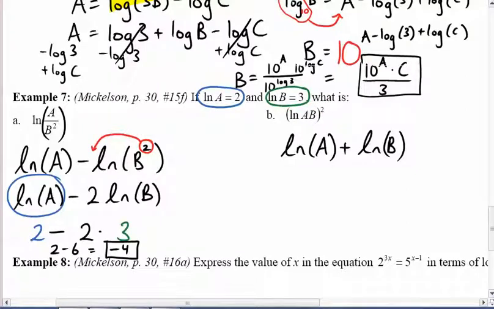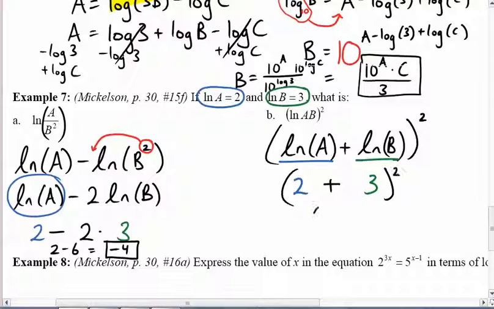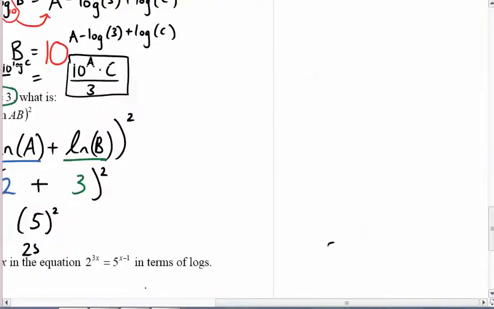Okay, so all we have to do is keep that squared on the outside of everything. That means everything is squared. So we have ln a, which is 2, ln b, which is 3, and we just take those, add them together. 2 plus 3 is 5. 5 squared is 25.